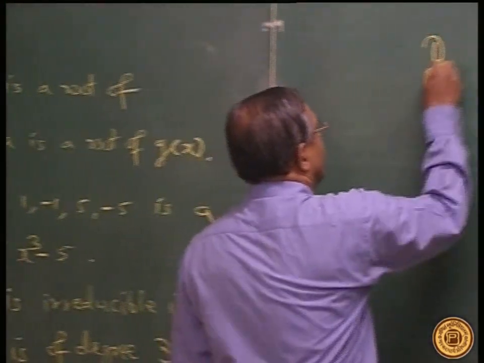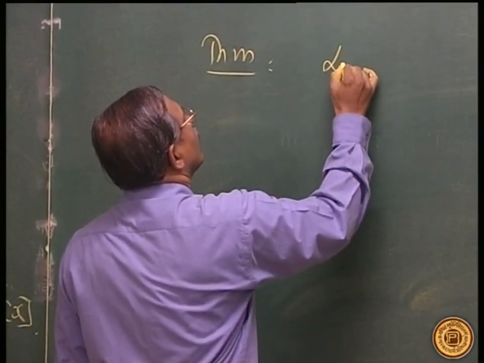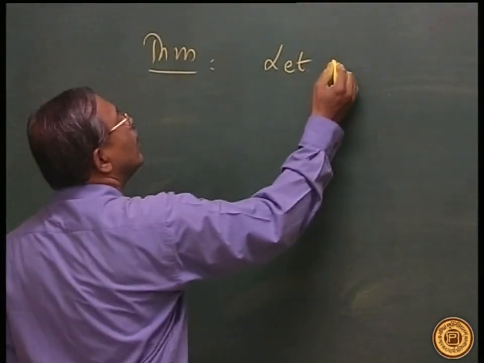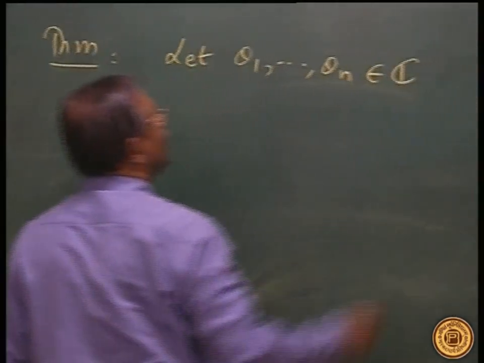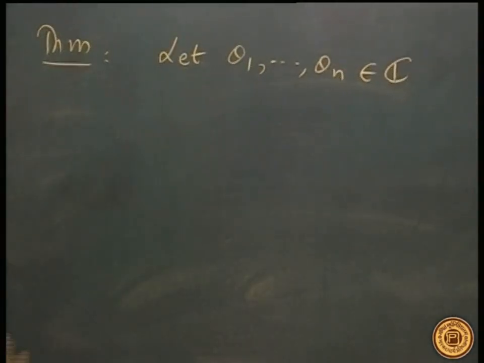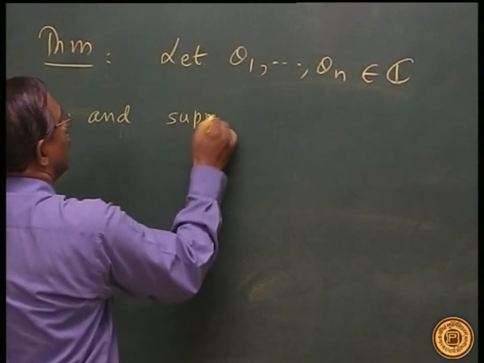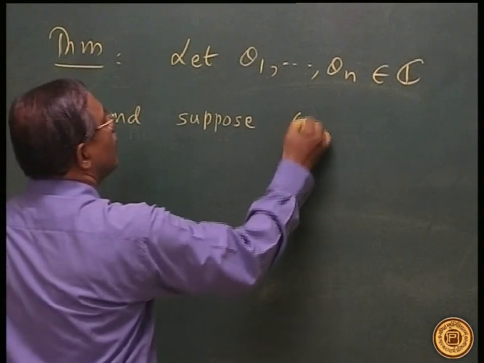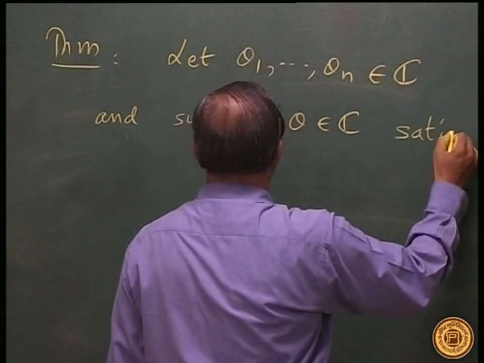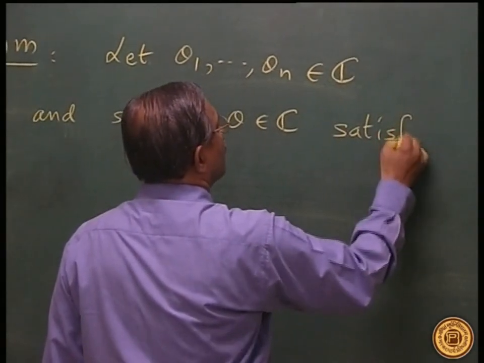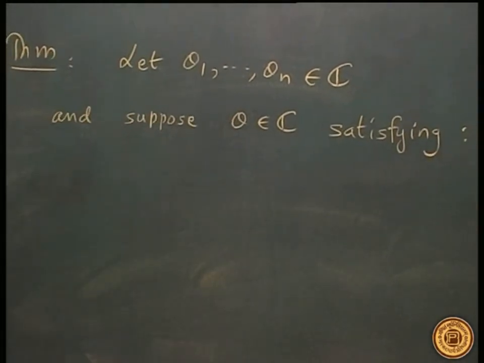So theorem: let theta 1, theta 2, ..., theta n belong to C, and suppose theta belongs to C satisfying the following relations.